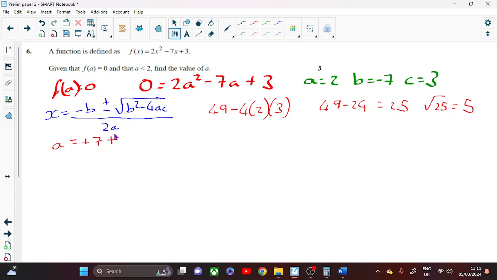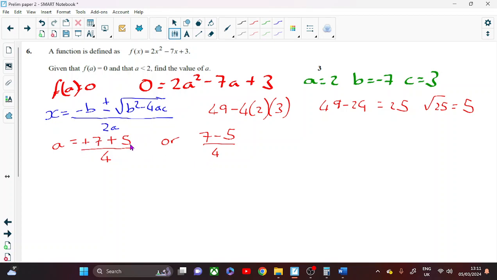but it would have taken me a lot longer to work it out. So 7 plus 5, all divided by 2 times 2, so that's 4, or 7 minus 5 divided by 4.